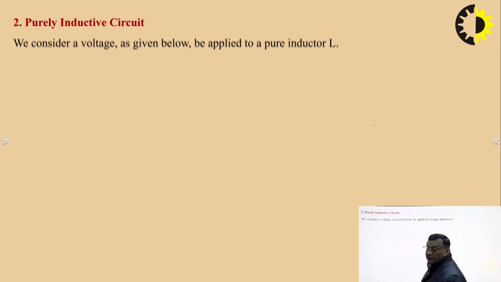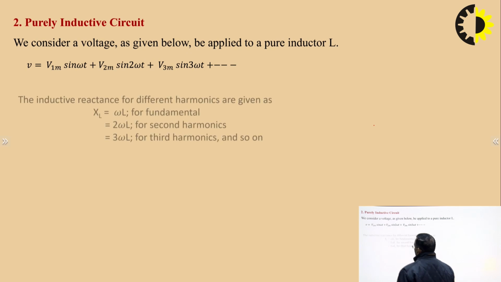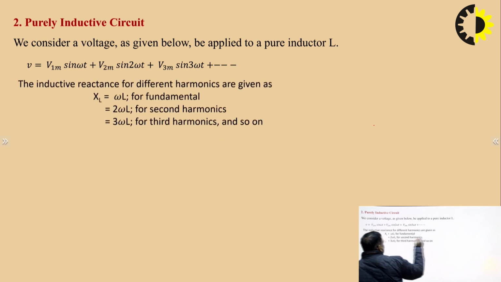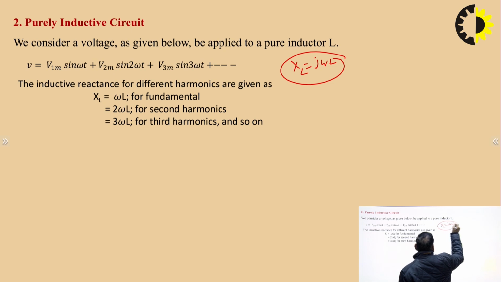Now when the circuit is purely inductive, the same voltage is applied to a purely inductive circuit. So what will happen? XL is j omega L. We take the magnitude. This XL depends upon the frequency of the input signal.